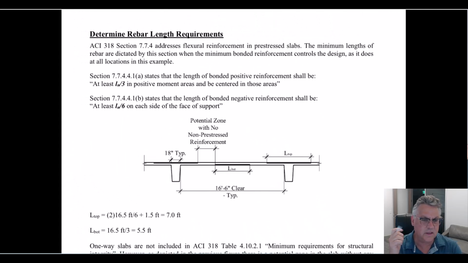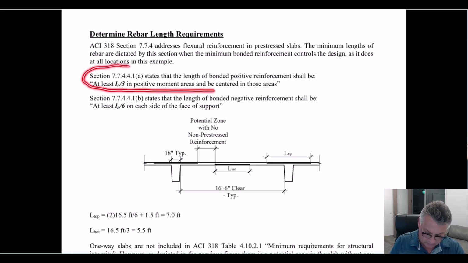Now this is something that didn't occur in my dad's example, so I would like to go over it. The code tells you minimum lengths of that bonded reinforcement. So you have the minimum 0.004 times the area in concrete in tension. That establishes the rebar that you need, but this establishes the minimum length of that rebar.